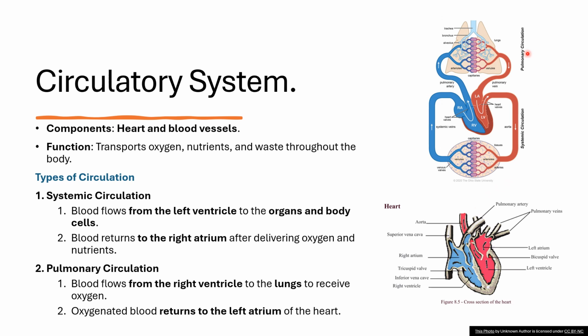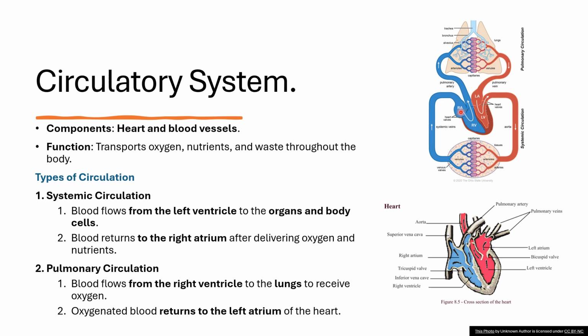I think this figure is a better explanation for the circulations. As you can see, blood flows from the left ventricle to the organs and other body cells, and then returns to the right atrium after delivering oxygen and nutrients to the body.